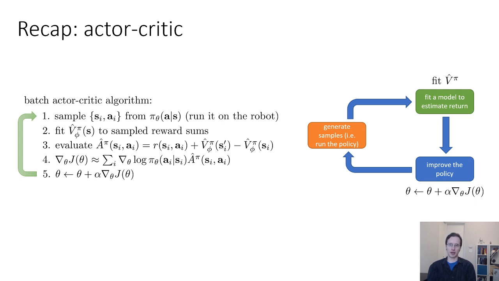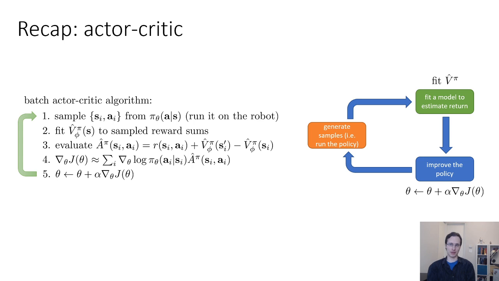Just to recap, the basic batch mode actor-critic algorithm that we discussed extends the policy gradient algorithm to introduce a value function. In the actor-critic algorithm that we covered in the last lecture, we would generate some samples from our current policy by running that policy on the robot. We would fit a value function to those samples, which is a neural network that mapped states to scalar valued values.